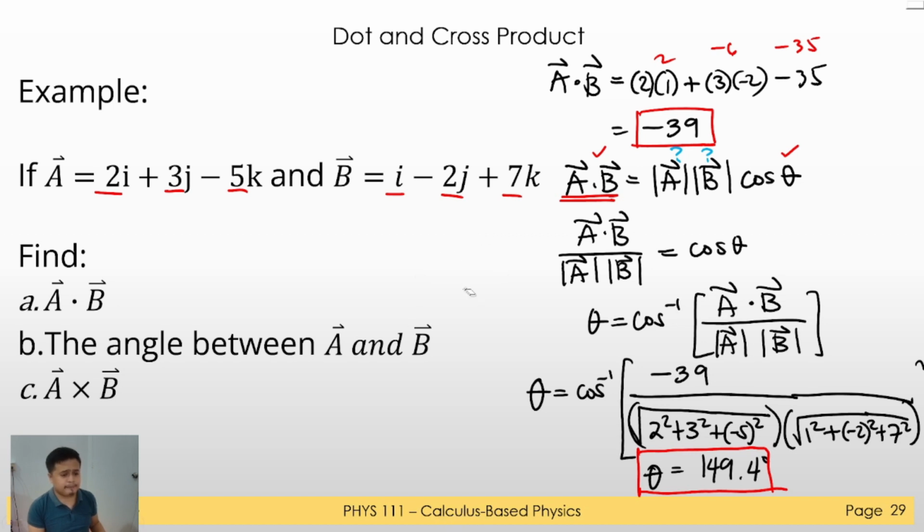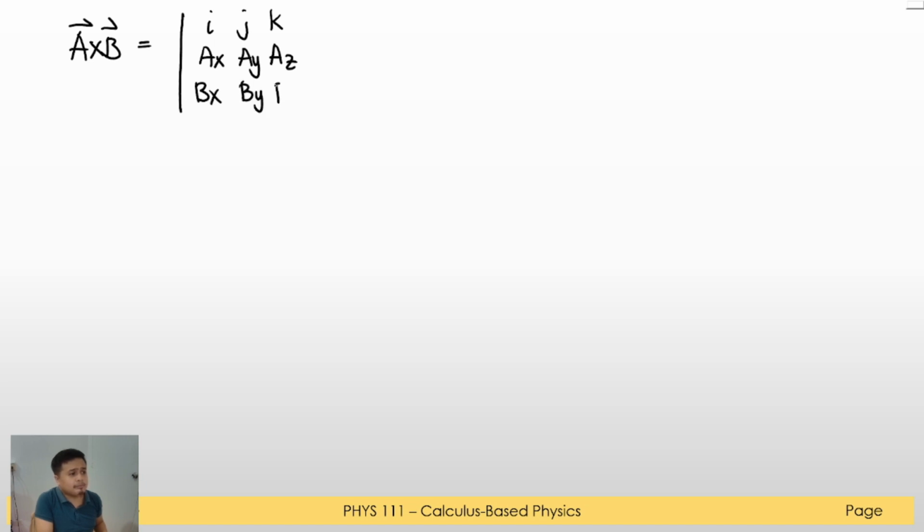Okay, so let's talk about the cross product. For the cross product, what we could do is evaluate the determinant. The cross product of A and B vectors will be equal to the determinant of i, j, k, then ax, ay, az, and then bx, by, bz.